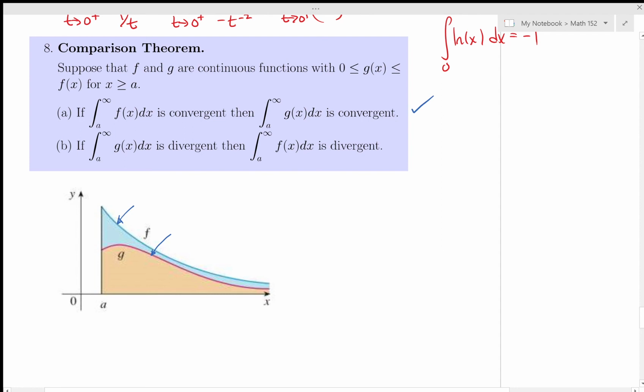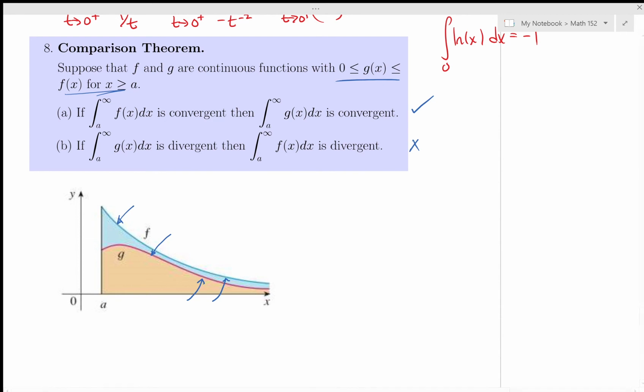If something smaller is divergent, then something bigger is divergent. That is the statement here. Okay, it's easy to mix it up. So watch that you maybe even draw a picture in your head. I know sometimes students will have this and then they will have the reverse conclusion here. So it's easy to mix up.